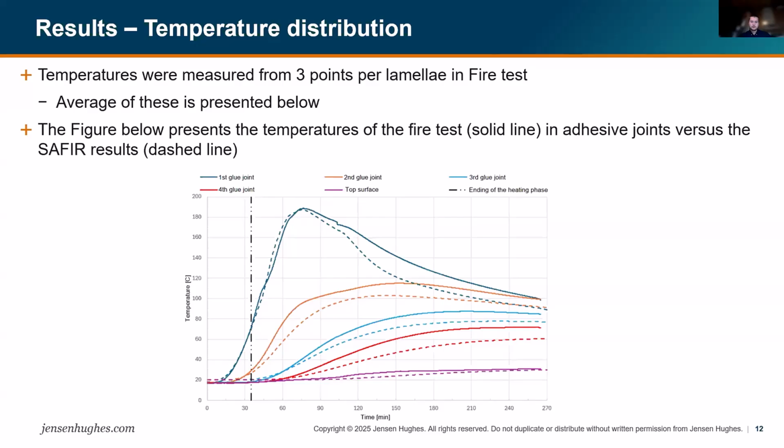So the shapes of the curves are very similar, but SAFIR gives somewhat greater temperatures than what we measured in the fire test. If we strictly look at the heating phase, then the curves are very, very similar to each other in these two methods.